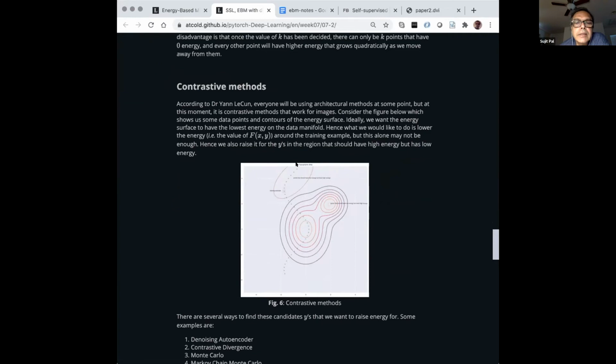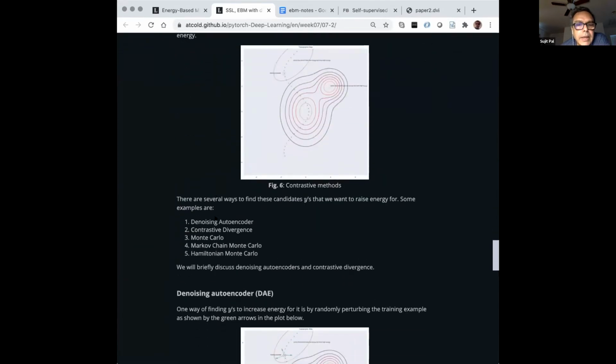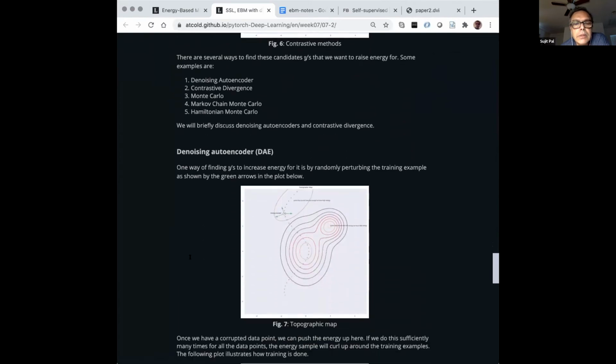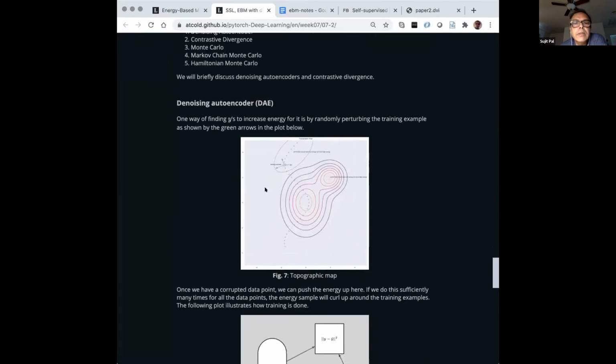In any case, here is a manifold, and here is the energy map at a certain point in time, right? What he does is he takes a single one, and he covers the denoising autoencoder, and he talks about contrastive divergence later on. In the denoising autoencoder, you take each of these points and you perturb them, right?